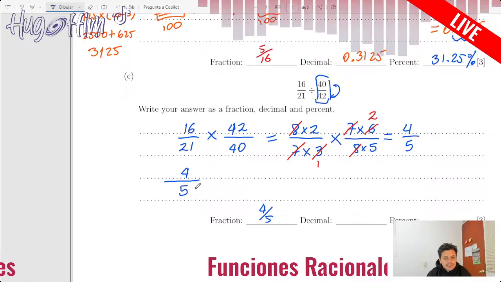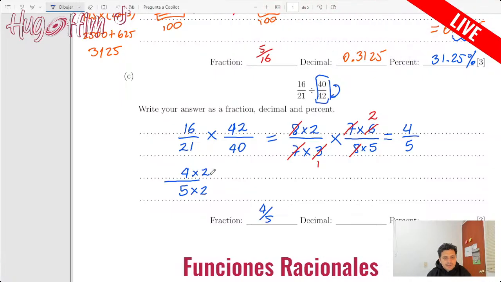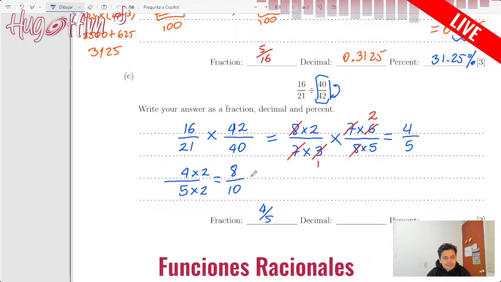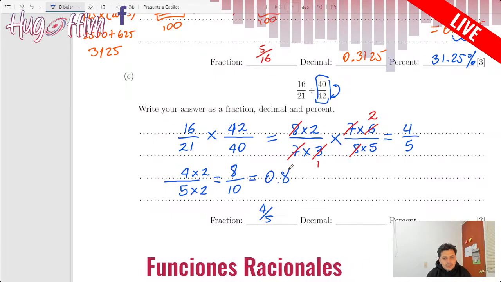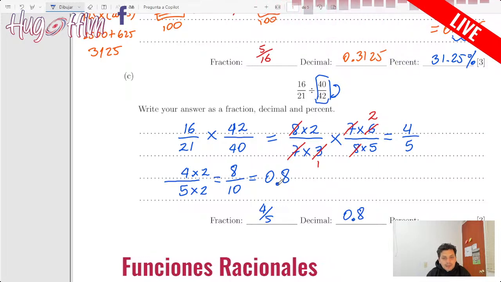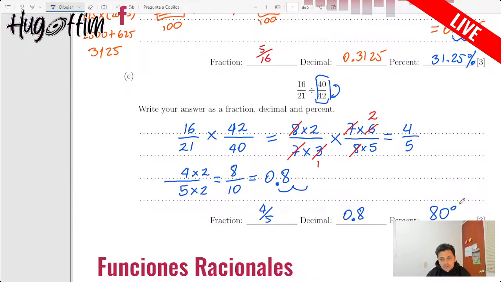So to convert it as a decimal, I need to multiply times 2. Multiply times 2. So it will be 8 over 10. 8 over 10, if I perform the division, will be 0.8. So the decimal is 0.8. And if I multiply by 100, it's going to give me 80. So it's going to be 80%.